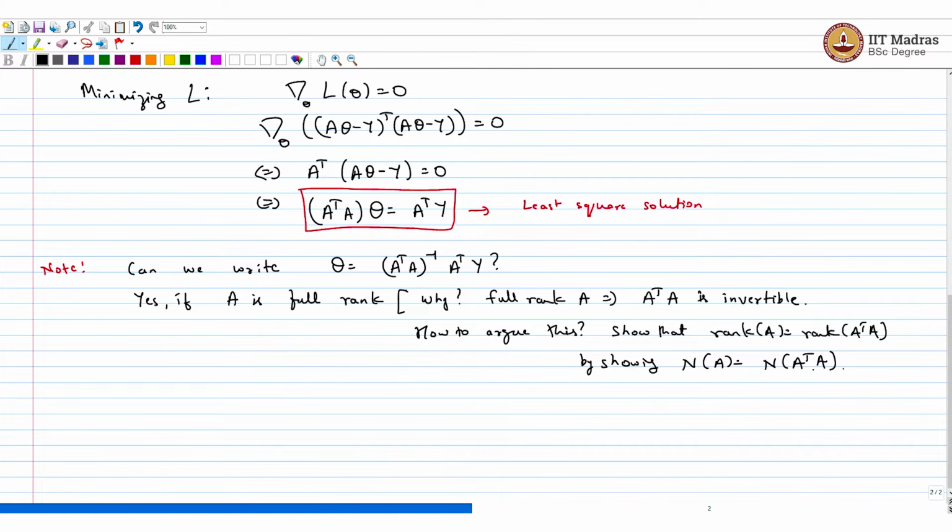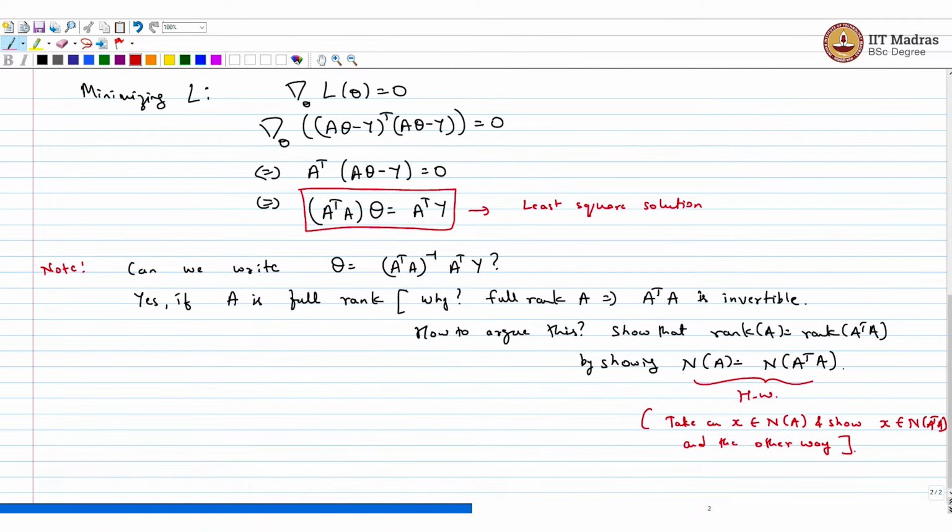Now, how do you show null space of A is null space of A transpose A? That is a useful homework exercise. Homework. One direction is simple. So, homework, if you want some hints, take an x belonging to null space of A and show x belongs to null space of A transpose A, and the other way.